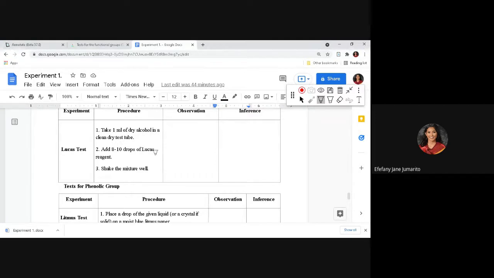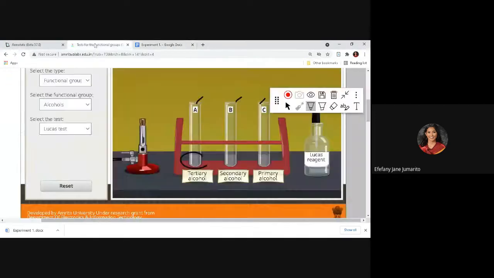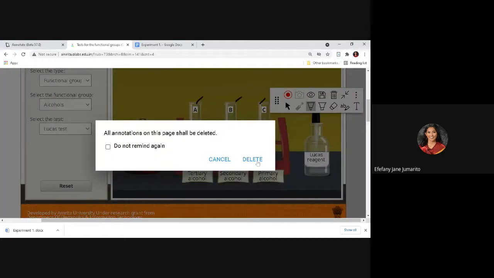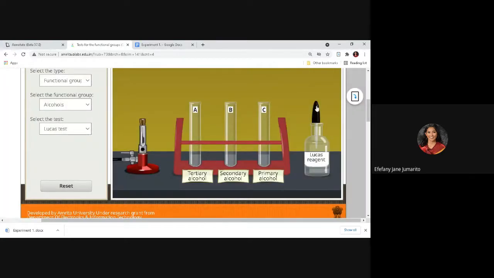So we will add 8 to 10 drops of Lucas reagent. Here is your reagent. Now, in test tube A, take note.